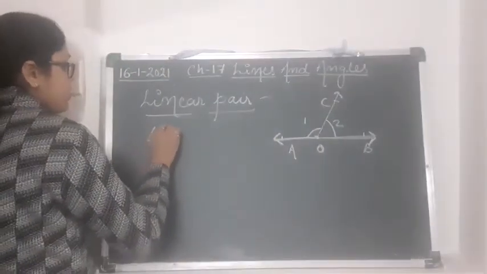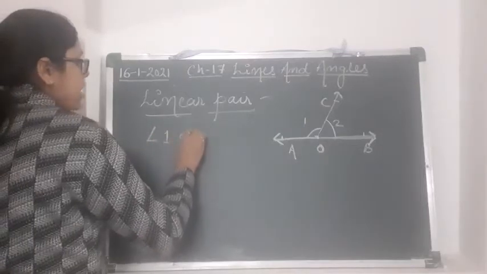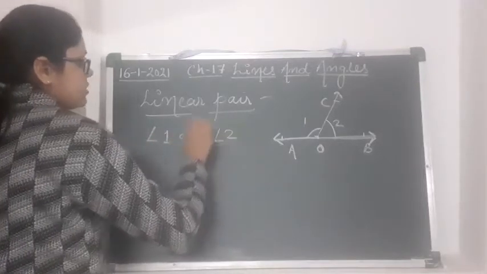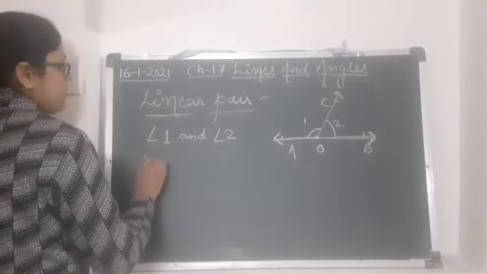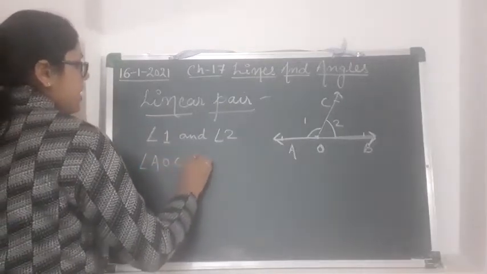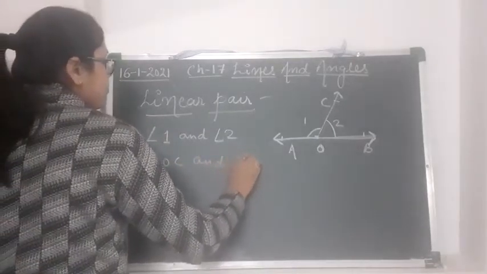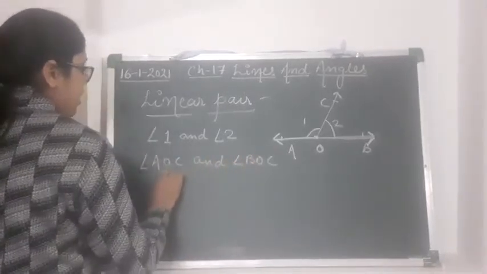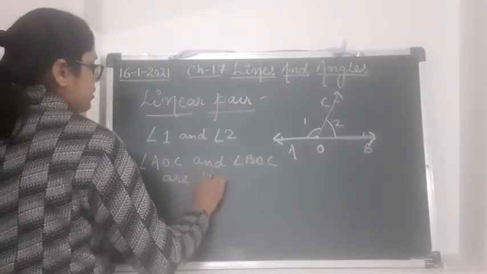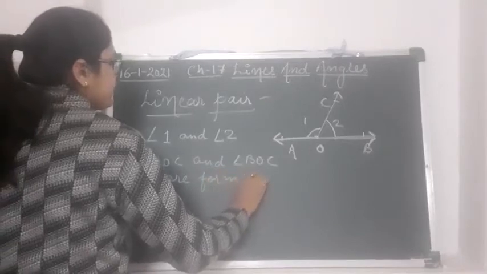So you can say angle AOC and angle BOC are forming a linear pair.